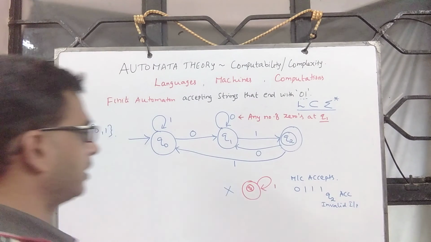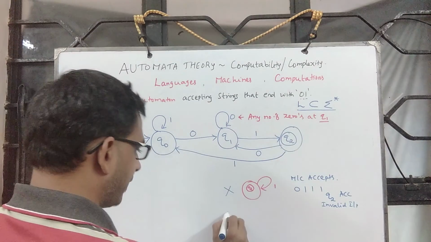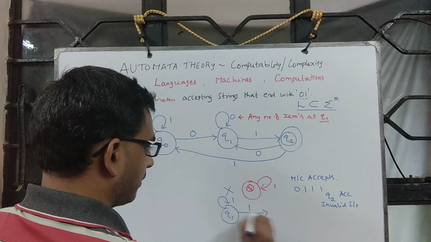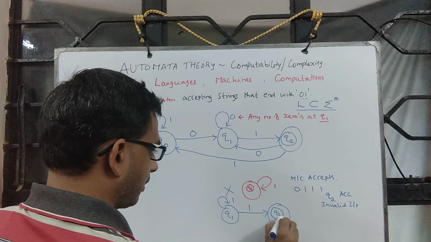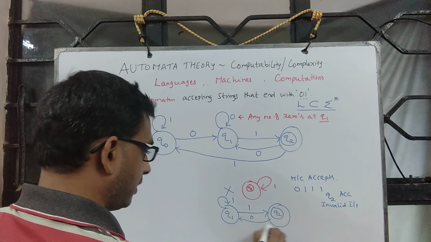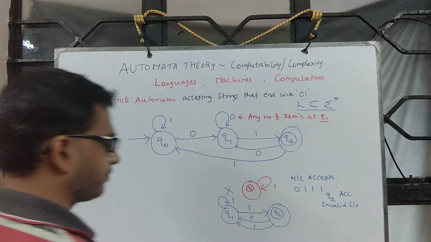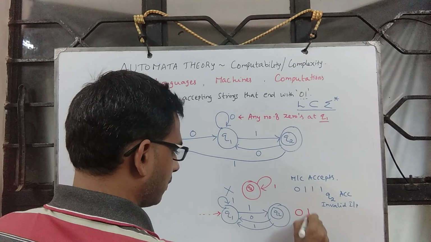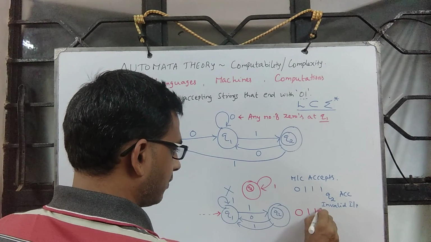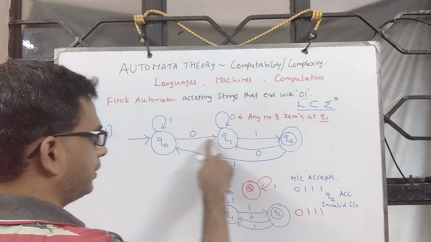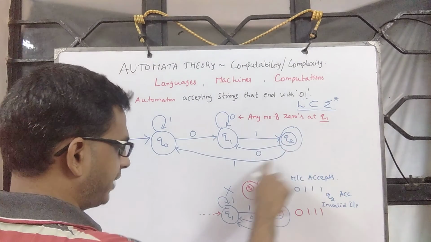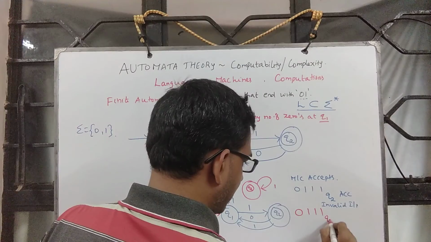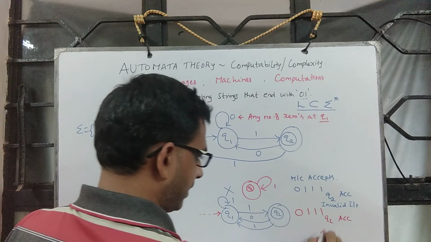Correct? So supposing I come to Q1, suppose it's like this. For 0 you come here, even for 1 you come back to this. So now what happens? Consider this input 0, 1, then 1 followed by 1. 0, 1 followed by 1 and this one. And mission says you are at Q2, accept, but this is an invalid input.